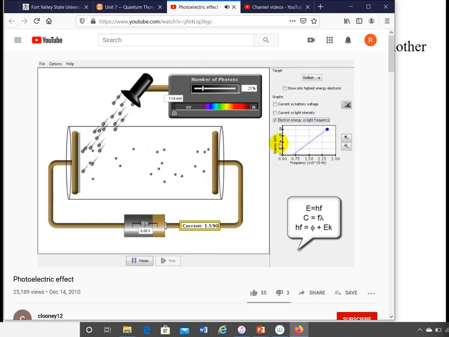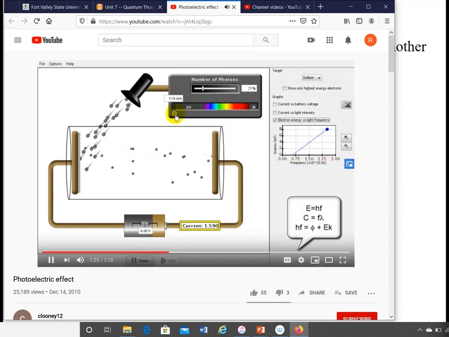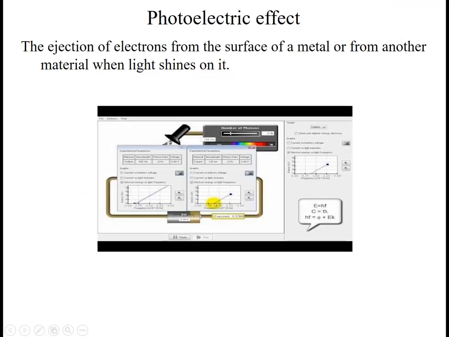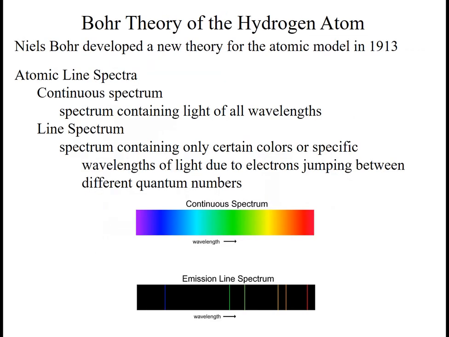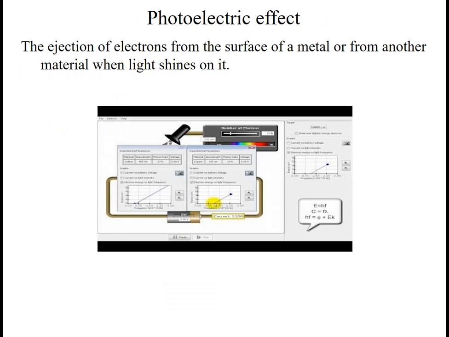So this graph is showing us that the energy is proportional to the frequency of these photons hitting. Okay, so that's basically what we saw in the equation. And that is the end of this video.